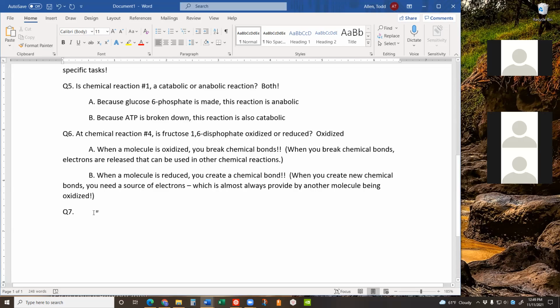So here's my question for you, Erica. Let me take a look at my chemical pathway here. Erica, do you see chemical reaction number 6 there? Yes.